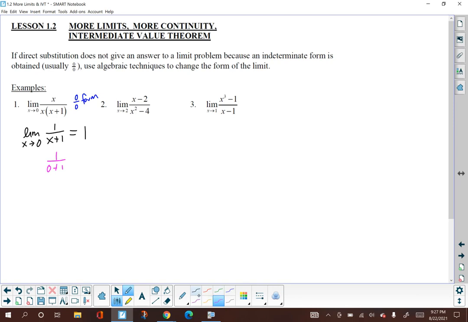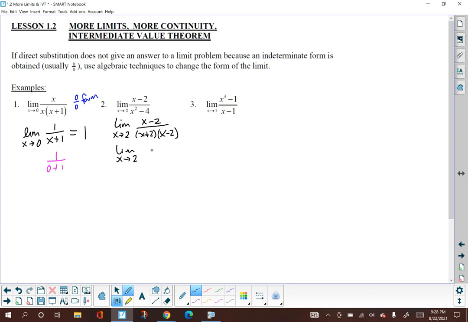We're going to use that same strategy on the second one. It's a little less obvious because at first on this one, you may not have noticed that you can reduce an x. We can factor the denominator here. So the limit as x approaches 2 of (x minus 2) over (x plus 2) times (x minus 2). And again, we can reduce that fraction.